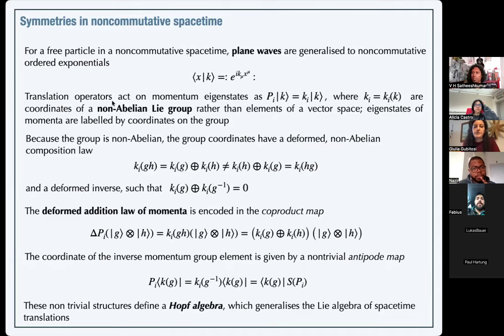These group coordinates, since they belong to a non-abelian group, have a non-commutative composition law, meaning that the composition of G and H is different from the composition of H and G. And this means that now the coproduct of the translation generator P, when it is acting on a multiparticle state, say a two-particle state, does not obey the Leibniz rule as usual, but it obeys this deformed rule.